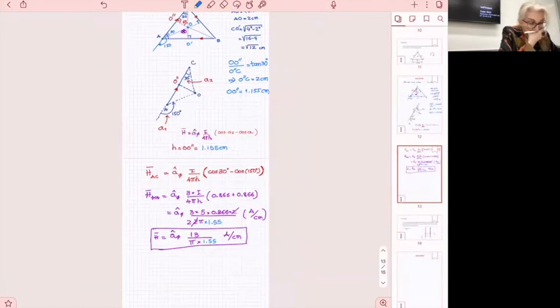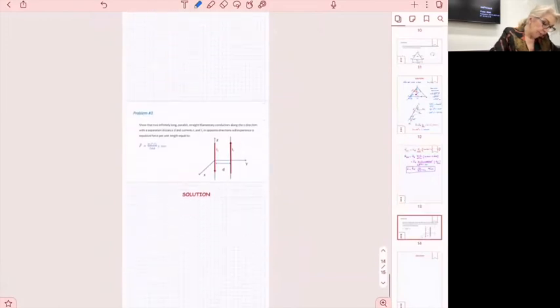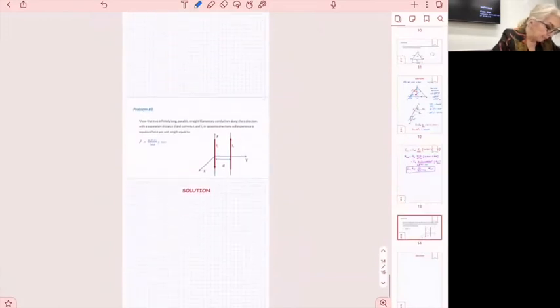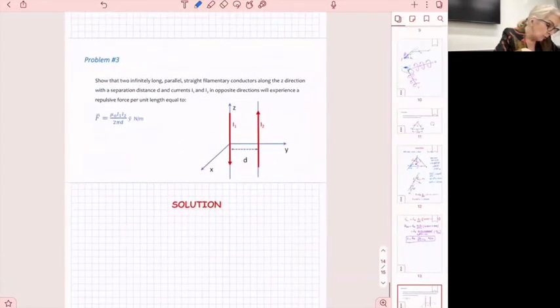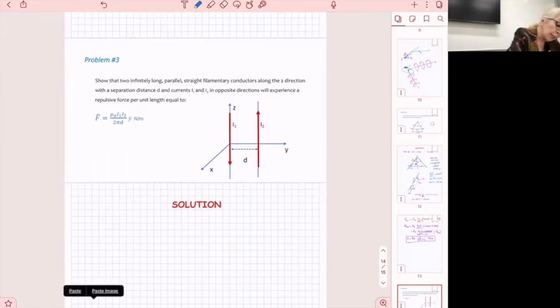The other problem that somebody could give is the following. I have another problem here, and then we'll go to electrostatics. This problem says two infinite long parallel straight filamentary conductors along the z direction with a separation distance d, with currents I1 and I2 in opposite directions.